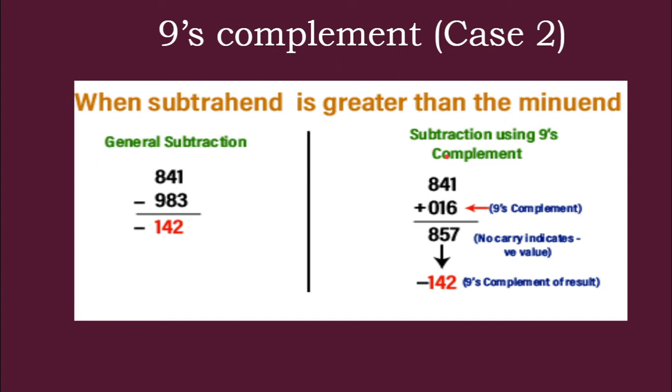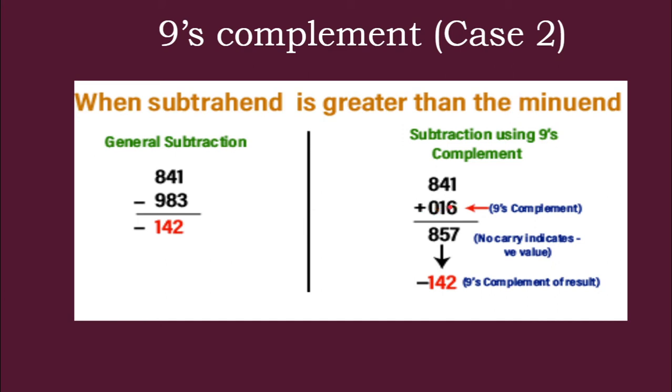Let us see how the same operation is done using the nines complement. As we know, we always have to find the complement of the negative number. Here 841 is positive, write it as it is, and 983 is negative, so find the nines complement. How to find it? Subtract each digit from 9. So 9 minus 3 is 6, 9 minus 8 is 1, and 9 minus 9 is 0.